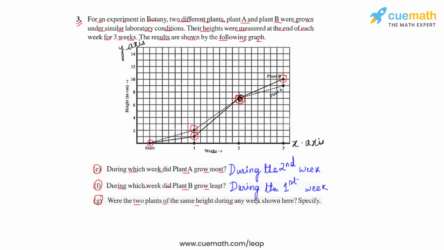So we can say at the end of the second week, as both these graphs, which represent the heights of both the plants, meet at this point. So to answer this part, at the end of the second week, the height of both the plants was equal. So these are the different questions which we have answered for question number 3.